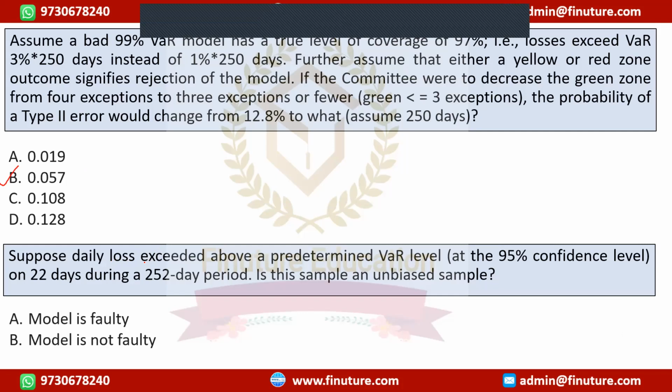Second one is, suppose that your daily VaR level was exceeded 22 days. So there is one formula. Like what we used to calculate is the critical value, in this also you can calculate the critical value. The confidence level is 95%, so your critical Z value is 1.65. But if you were to calculate the Z value using this given information, you will apply this formula.